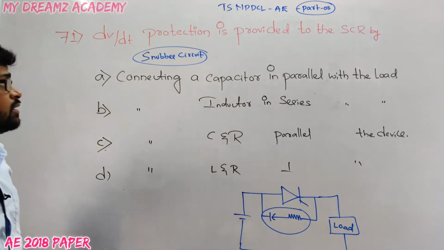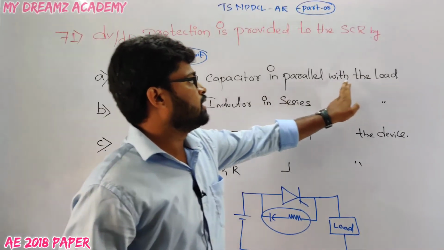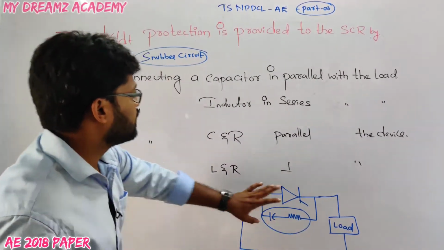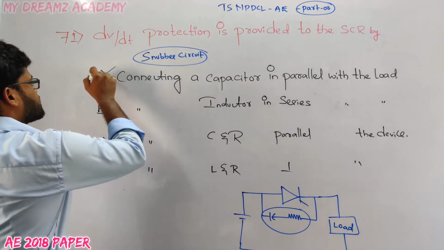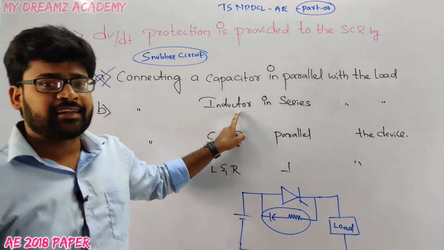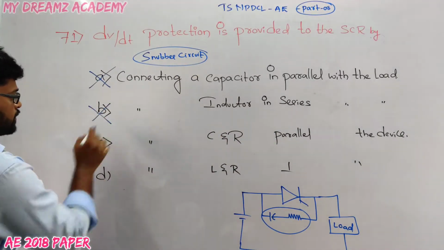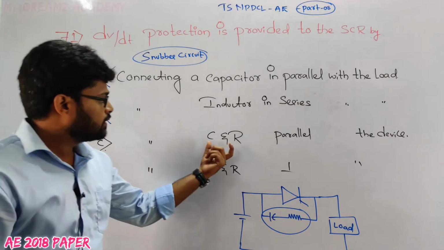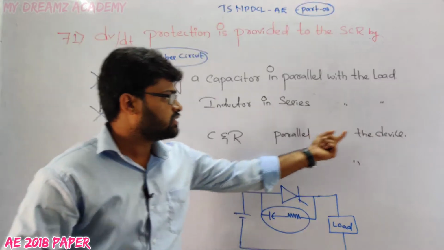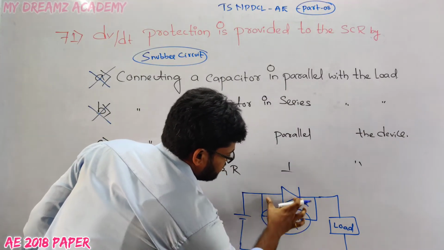Now we will read the options. Connecting a capacitor in parallel with the load. So this is the load. We are not connecting a capacitor across the load. This is wrong. And connecting an inductor in series with the load. This is also wrong. Next, connecting a resistor and capacitor in parallel with the device.